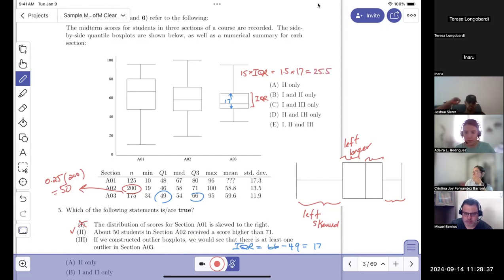And now what do we do? We're going to take this distance, add it and see if we exceed the maximum. So our last step is to take 1.5 times IQR and add it to Q3.